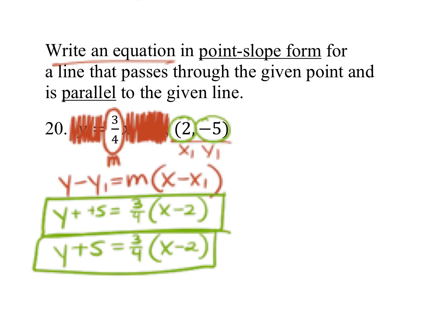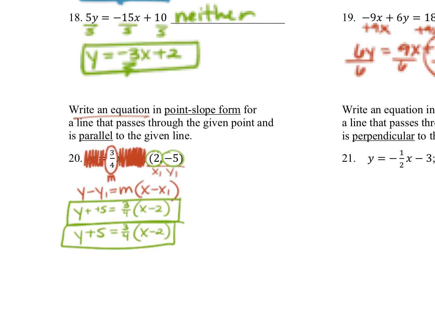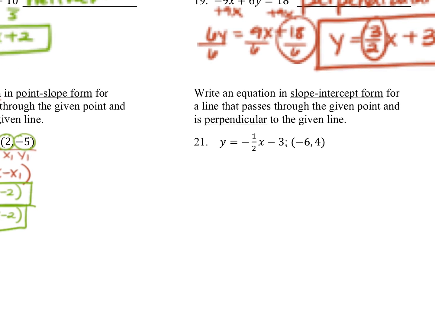Okay, last one. And maybe one of the trickier ones for a lot of people. This says write an equation in slope intercept. So this is y equals mx plus b, okay? That is perpendicular to the given line and goes through that given point, okay?